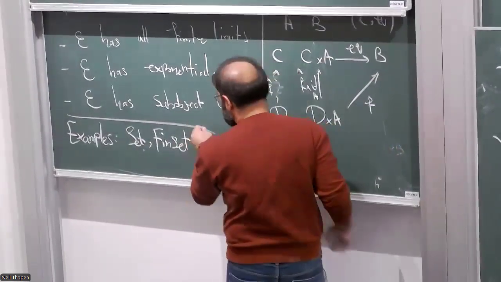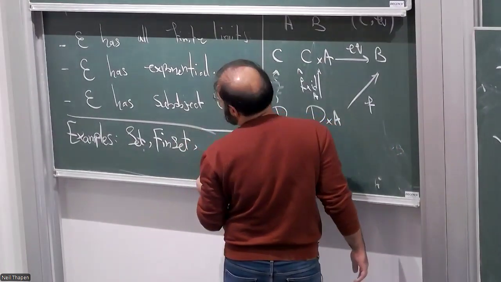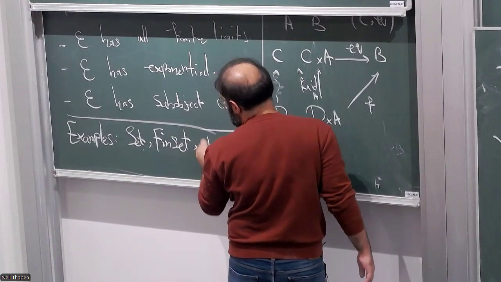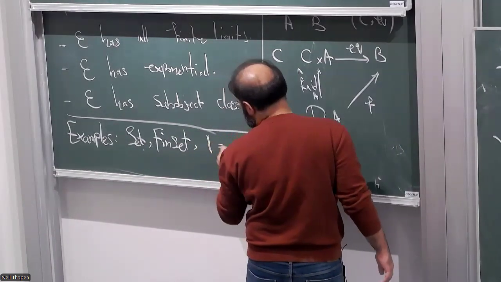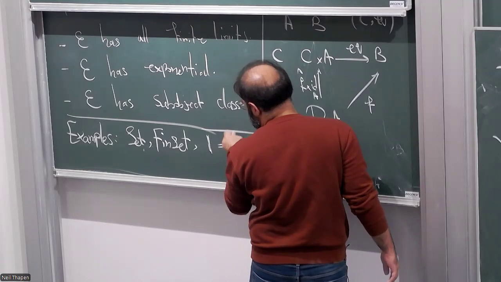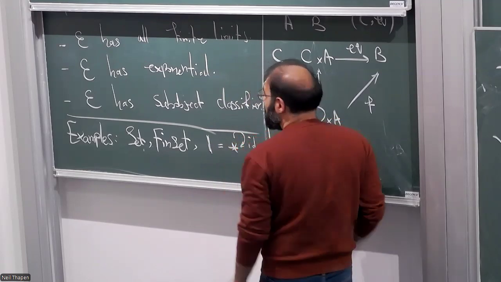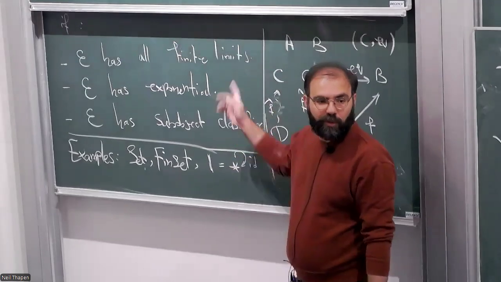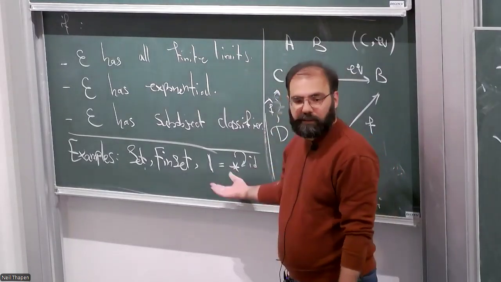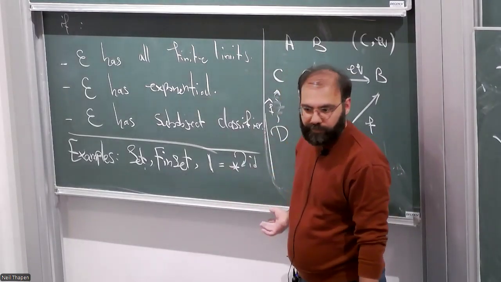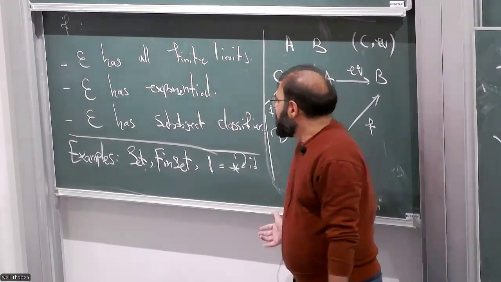And {0,1} is finite. Another one is just the category 1, which is one object and one identity morphism on it. You can check that it also has all the properties. It is just the degenerate topos. So we saw these guys.